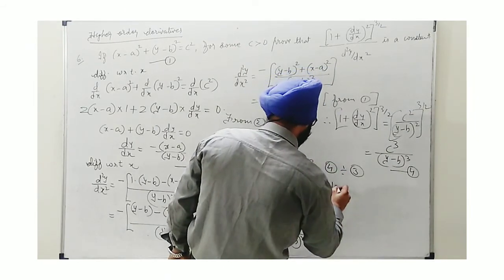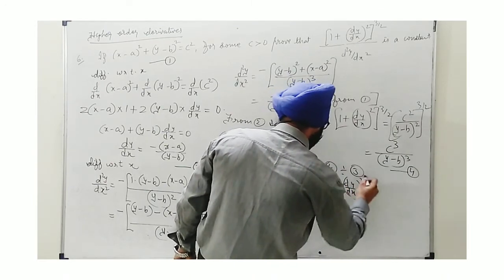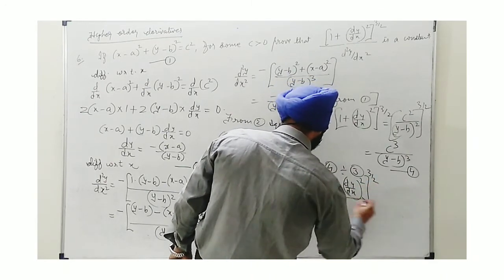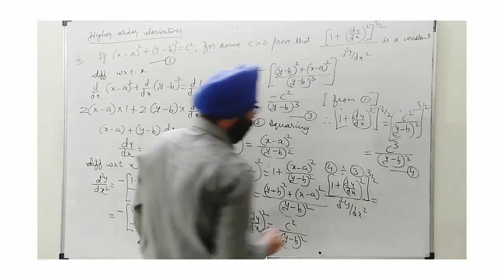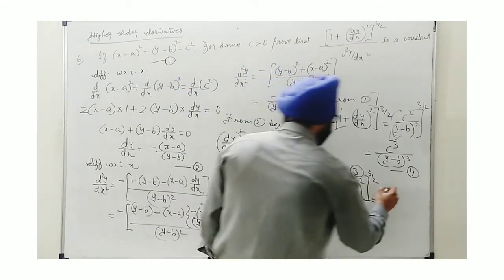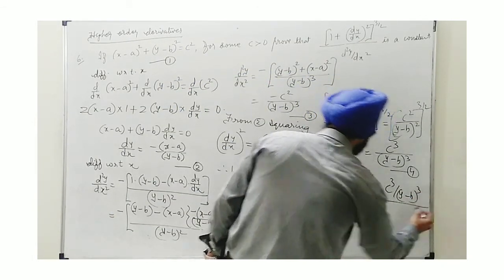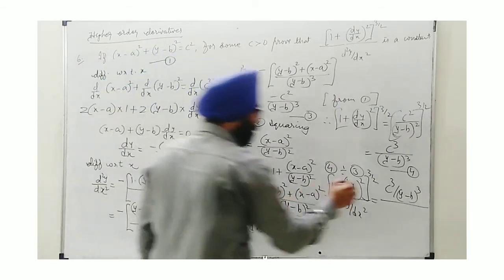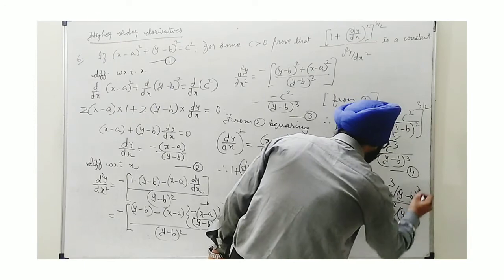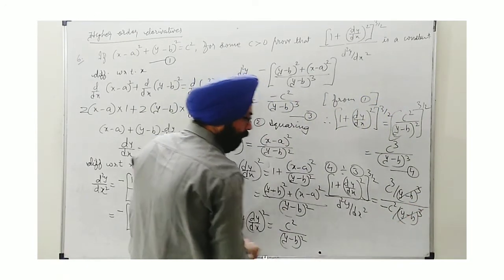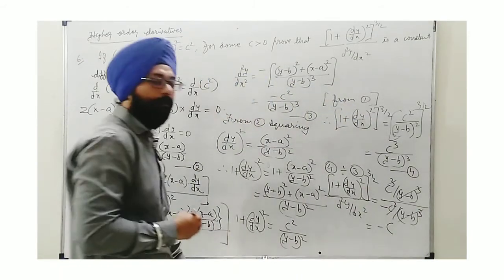We get (1 plus (dy/dx) whole square) raised to the power 3/2 divided by d²y/dx² as, when I divide I see it is c cube by (y minus b) whole cube upon minus c square on (y minus b) whole cube. These two cancel out. c square to c cube cancelled out, and finally we have minus c.